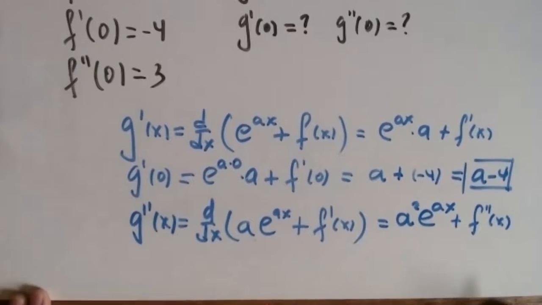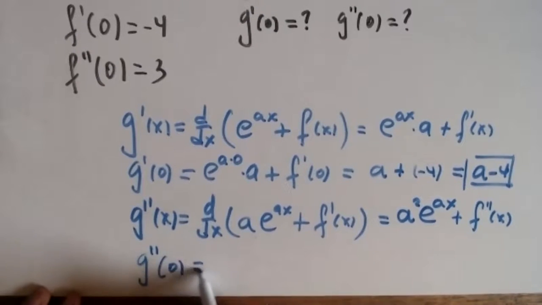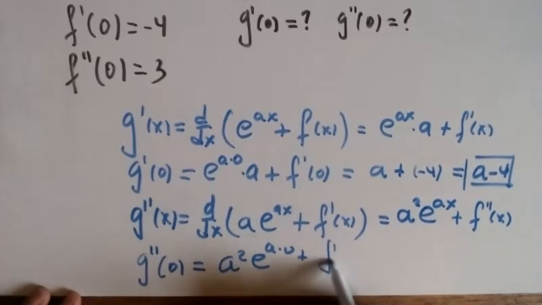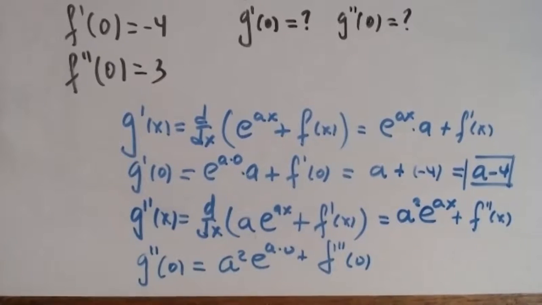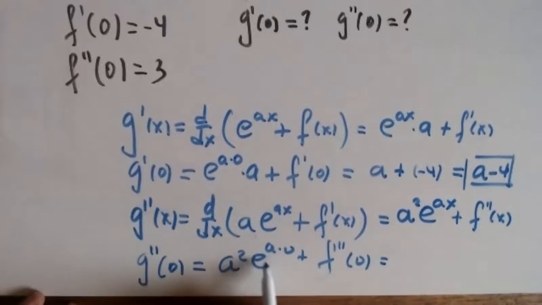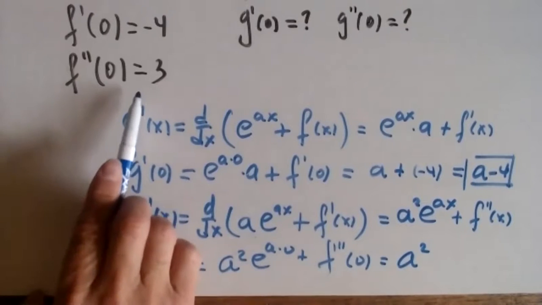Then you see easily what my answer is. g double prime of 0 is a squared e to the a times 0 plus f double prime of 0. Well, this is 1 times a squared, and f double prime of 0 is 3. That's the answer.